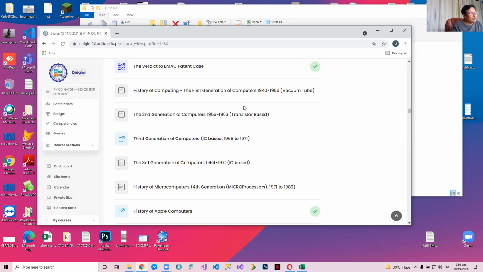Yes, because 701 to 704 are first generation computers. 709 is a transistor-based computer. Okay, 709, 7090, no? The IBMs were transistor-based. And then the PDP-1 to PDP-4, kasi there's no PDP-5, were transistor-based also.